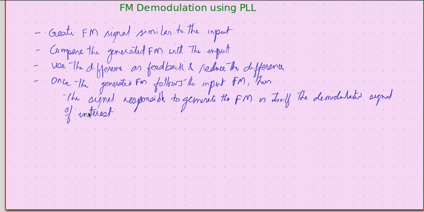The logic in demodulating FM using PLL is that in the feedback path we have a voltage controlled oscillator. This is used to create an FM signal, and this generated FM signal is compared with the input, and the difference between the generated FM and the input FM is used as feedback to reduce the difference between them.